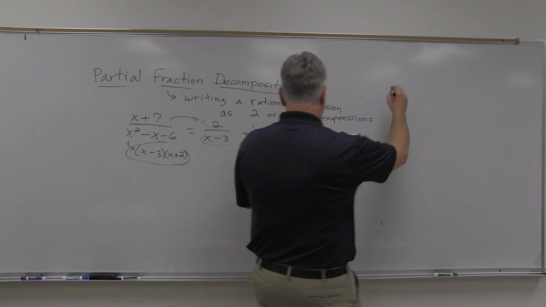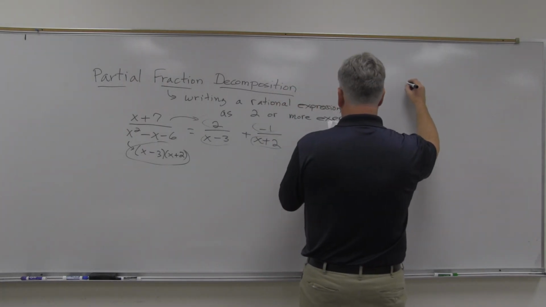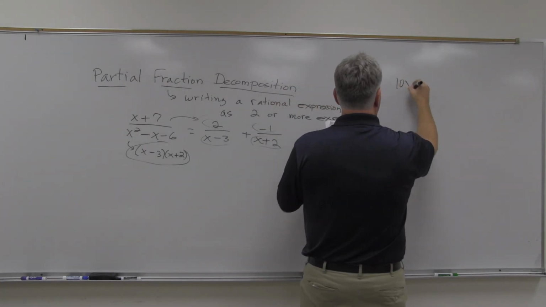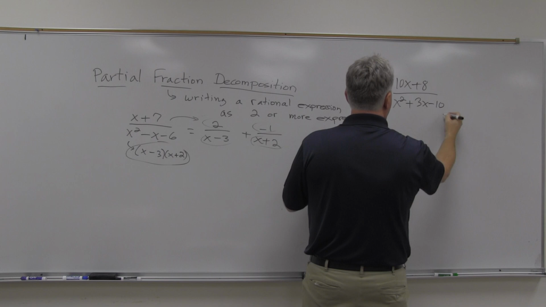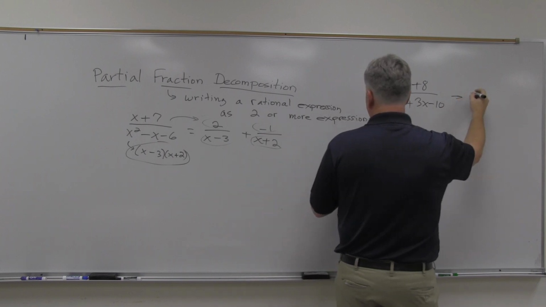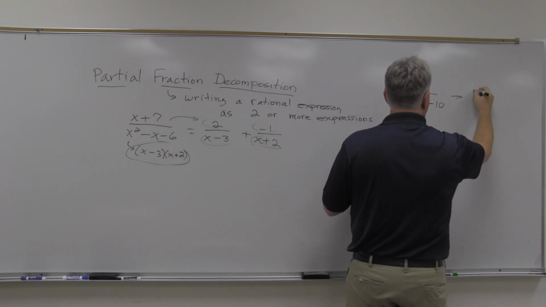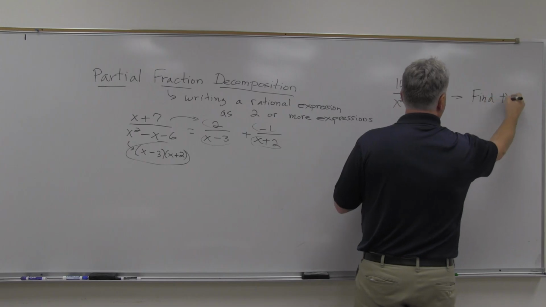All right, so let's start with this one: 10x plus 8 over x squared plus 3x minus 10. I want to find the partial fraction decomposition for that.